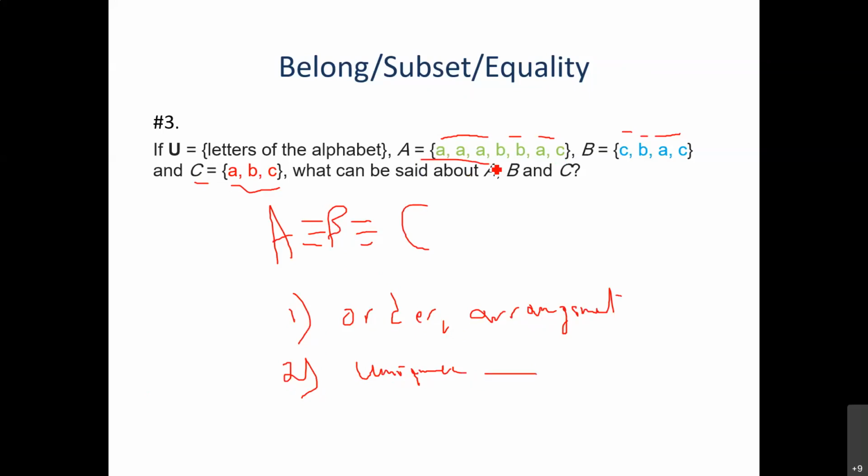So even though here we have A 4 times, it's as if you only wrote it once. So it's like {A, B, C}. And B here is just like {B, A, C}. So they're all equal because we don't care about the arrangement and we only care that the elements are unique.